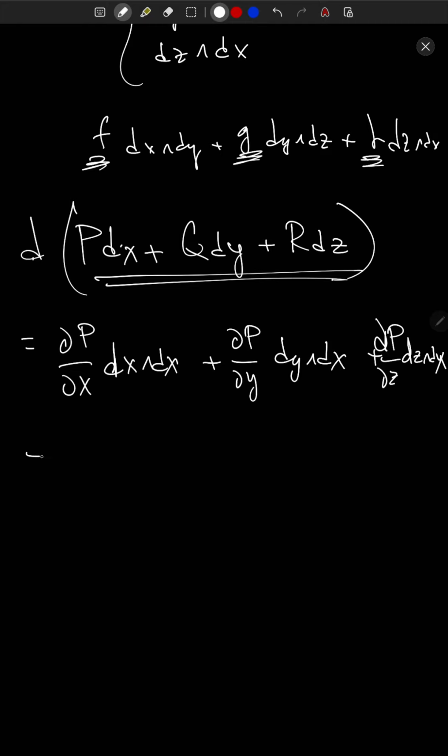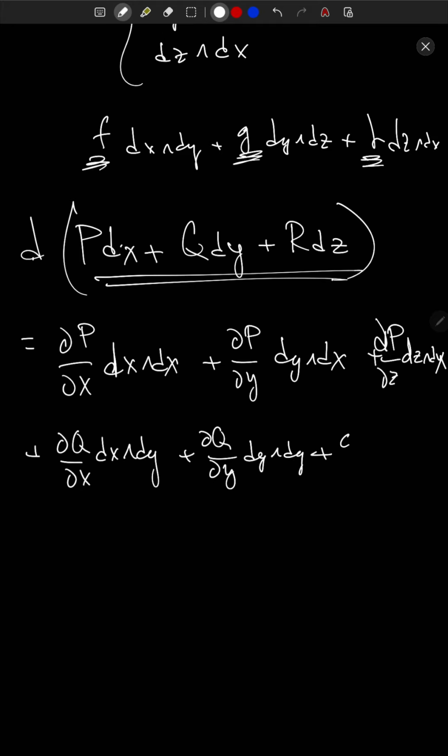Then you can guess the rest. It's going to be dq/dx dx wedge dy plus dq/dy dy wedge dy plus dq/dz dz wedge dy.